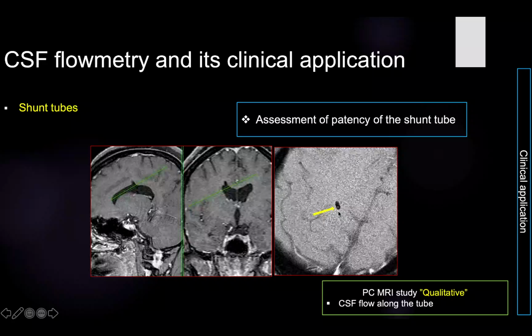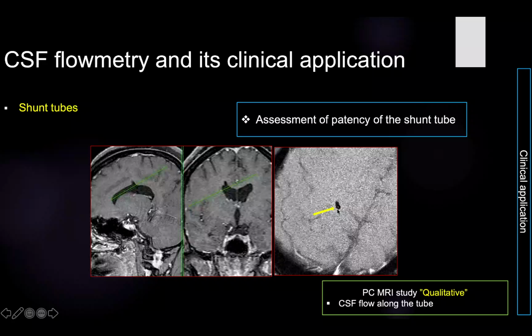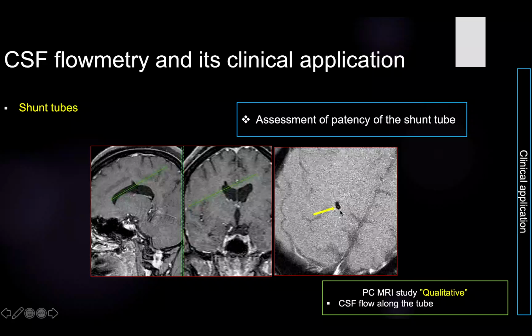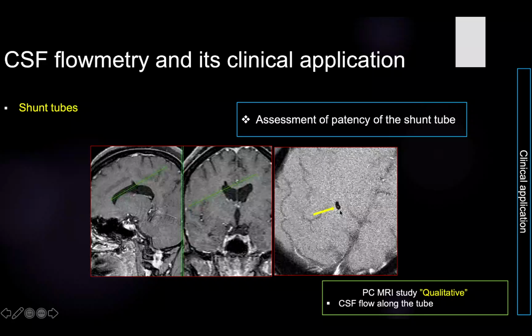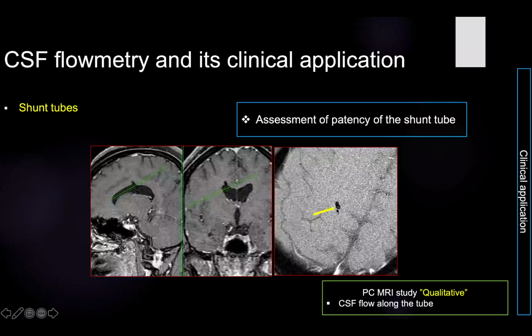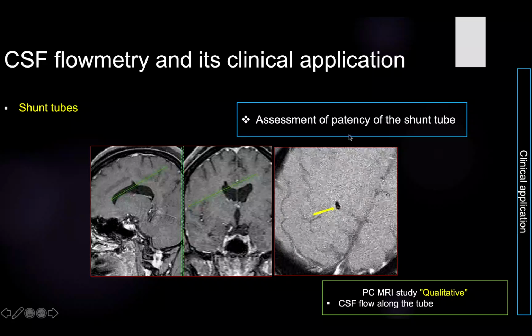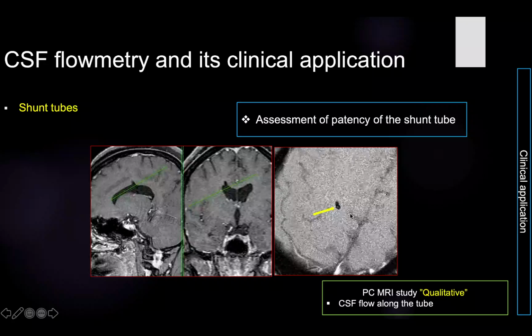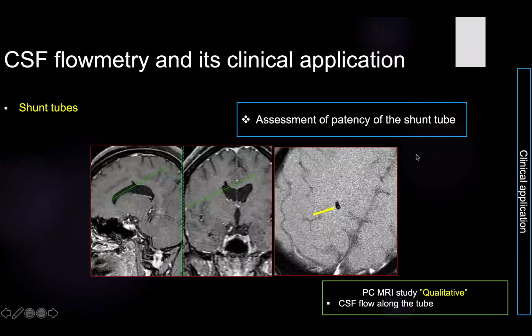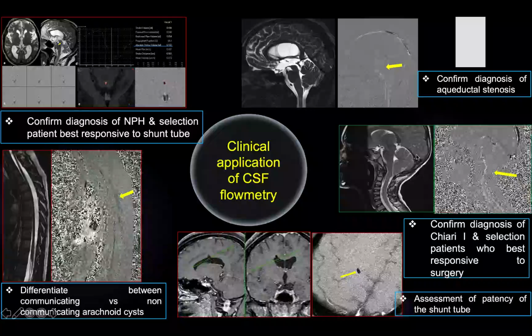So we expect that the CSF flow within the shunt tube is unilateral and appears as a bright signal like this. So we can assess the patency of the shunt tube by depending upon the qualitative assessment of the phase contrast MRI study.